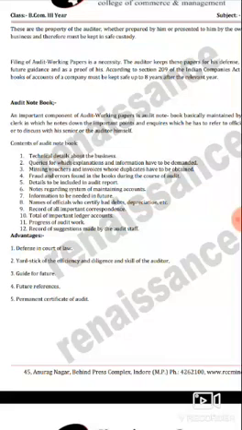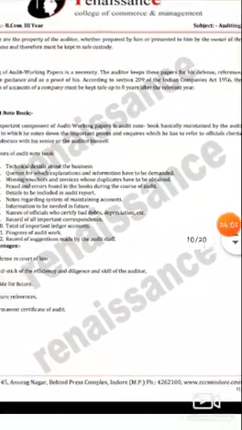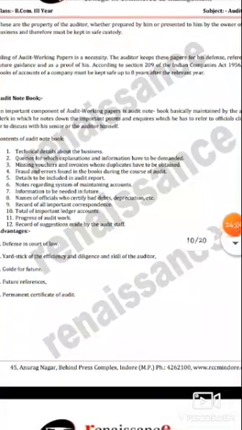Auditor keeps these papers for his defense, reference, and future guidance as a proof of use. As we discussed in the objects of working papers, it will be used as a legal reference for the auditor if any dispute arises between the company and the auditor.